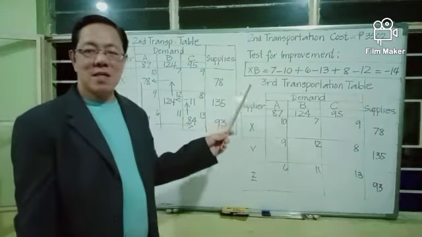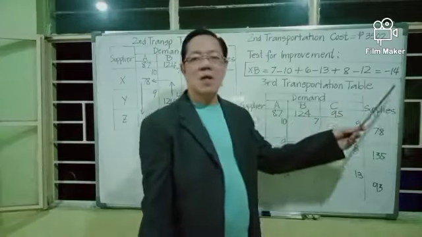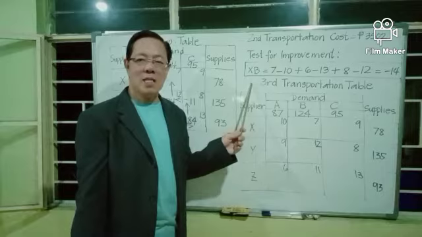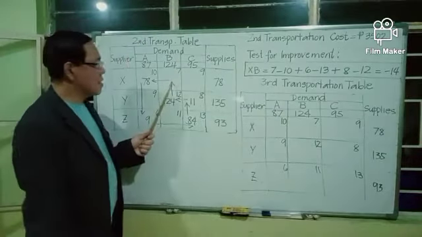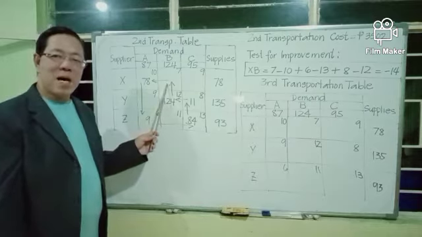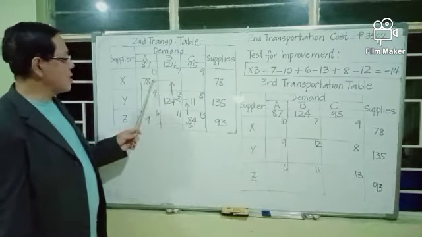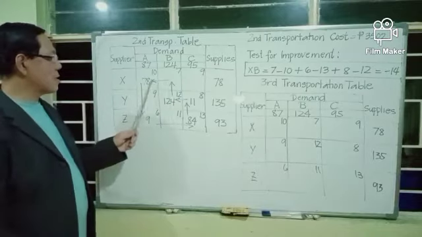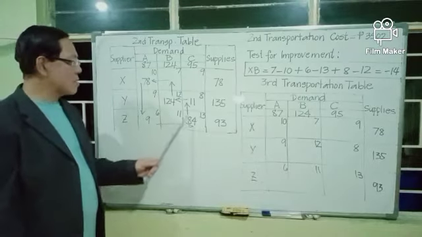That will give us a decrease of 14 pesos per unit that we will transfer to the vacant cell XB. And I write again the path for the vacant cell XB, the closed path consisting of alternating horizontal and vertical movements.